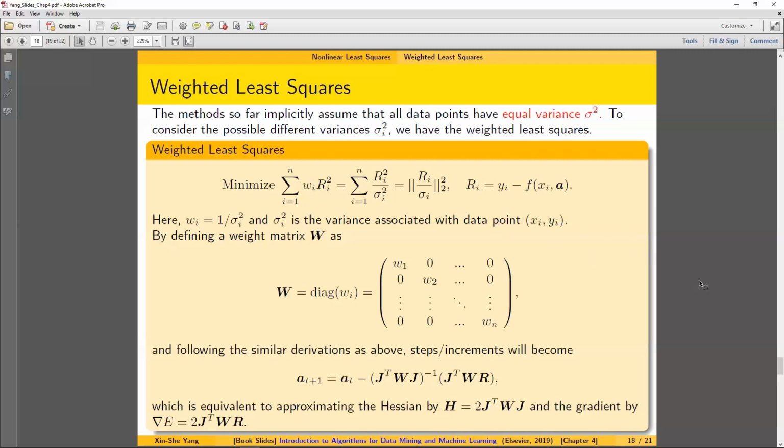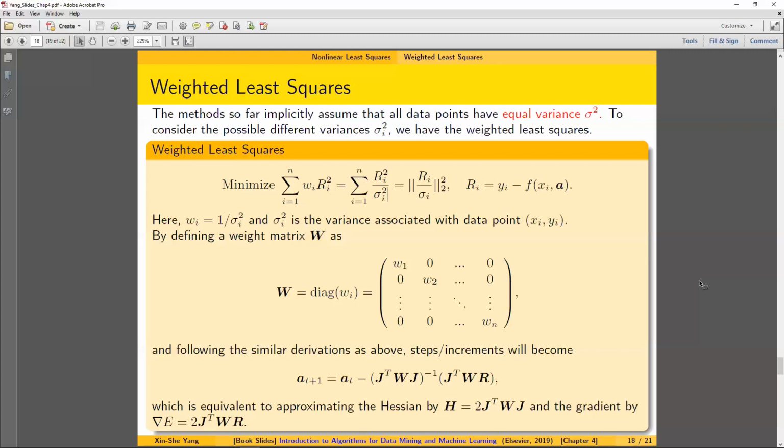And then it's the L2 norm of R_i over sigma_i. And sigma_i squared is the variance associated with data points x_i and y_i in a certain x_i value realization, or in a certain interval of x_i's. If you would rather group some of the close-by x_i's together, then you would be able to come back with a variance of all the data points x_i, y_i.